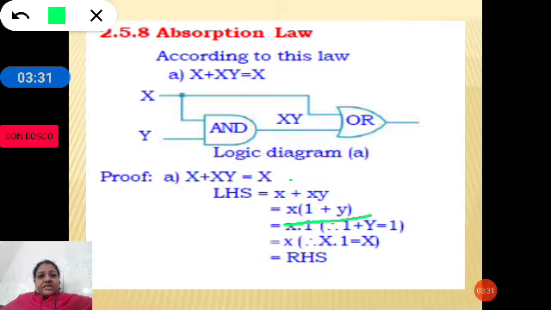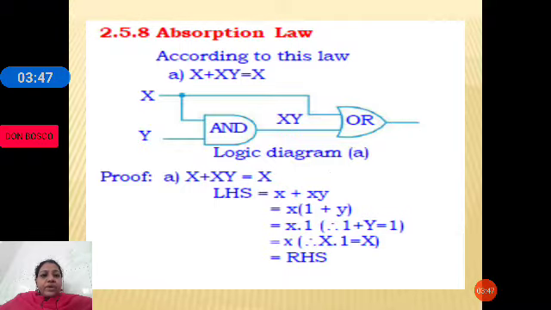Here x went out, so we are writing 1 in place of x. We have taken x out by the factoring method as the common factor, so y is remaining. Now 1 plus y is equal to, there is a theorem which says that 1 plus x is equal to 1.